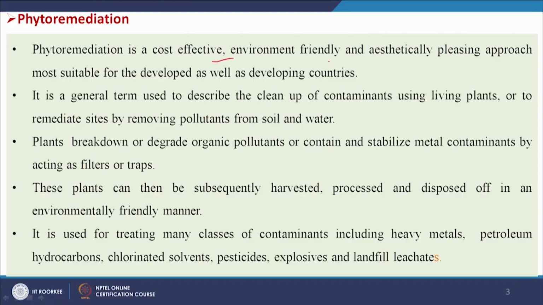So, phytoremediation is a cost effective, environment friendly and aesthetically pleasing approach, most suitable for developed as well as developing countries. Phytoremediation is not a very new concept, because if we go to villages, we will see lowlands and ponds where aquatic plants purify the water of the pond.